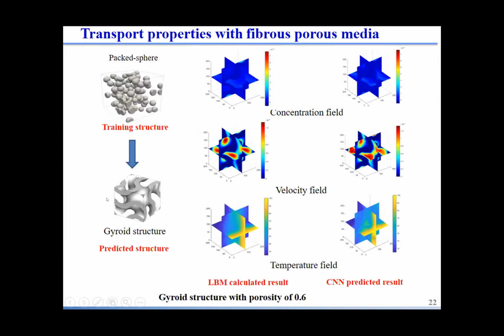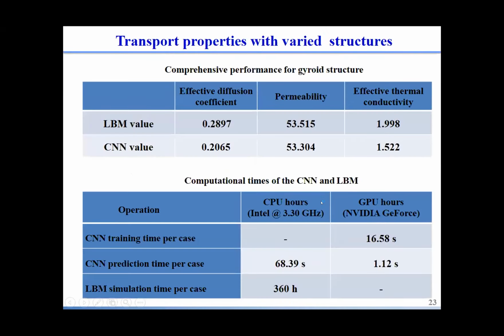Also, we can handle more complex structures, such as gyroid structures, and we get similar results. So let's see the comprehensive performance for the gyroid structures. This is the LBM result from numerical field simulations, and this is the value predicted by the CNN.